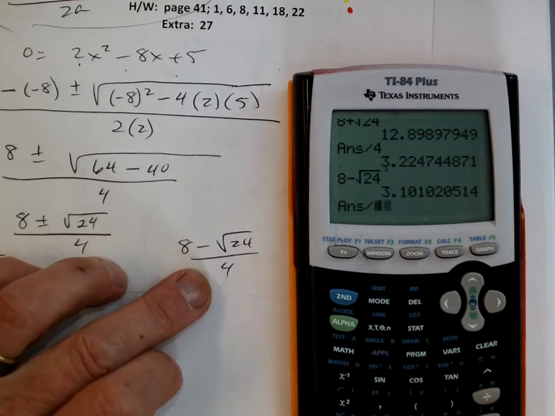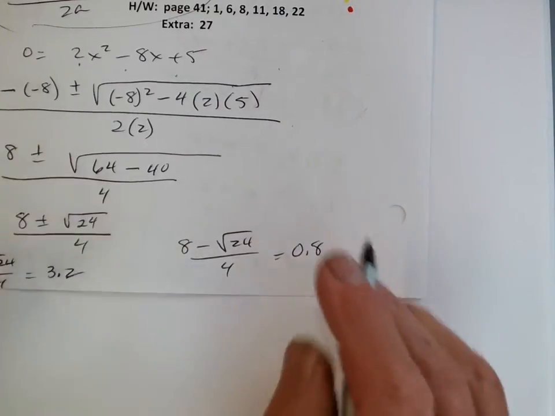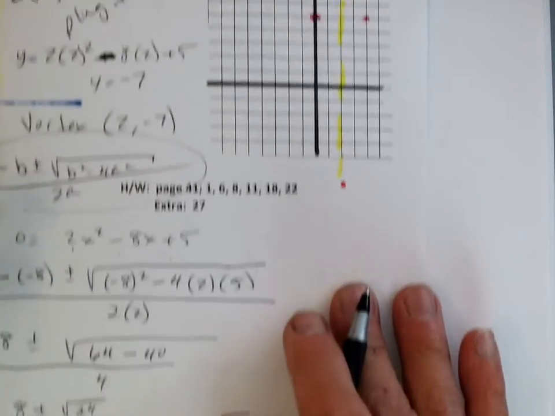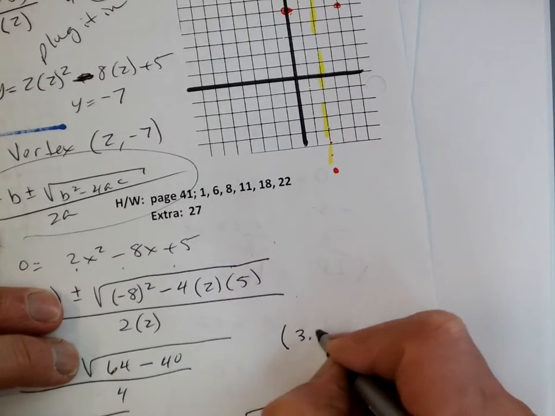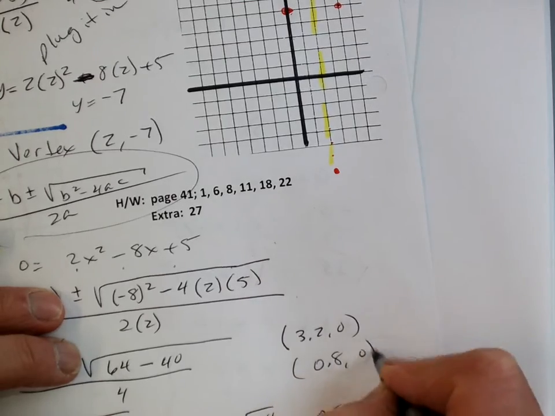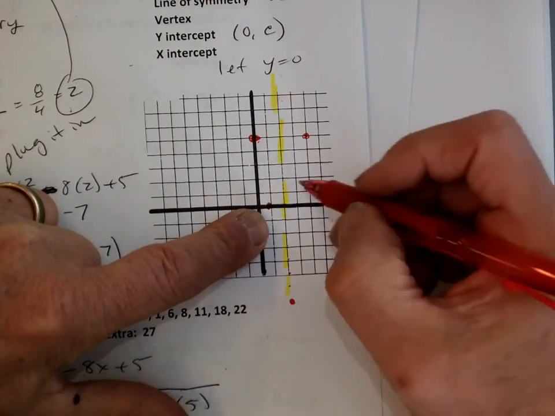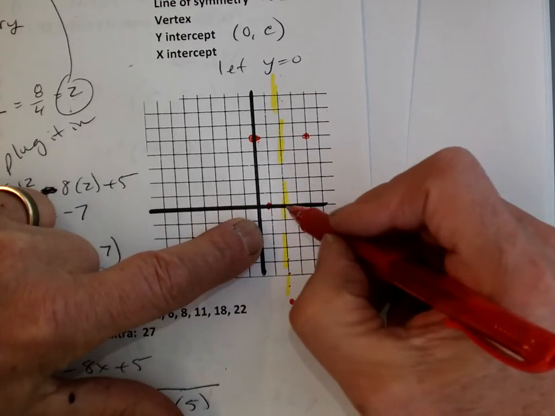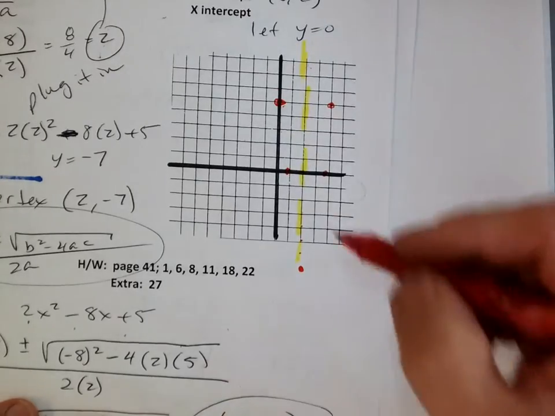Divided by 4, and about 0.8. Okay, so as far as x-intercepts, I can write them as (3.2, 0) and (0.8, 0). Okay, those are my x-intercepts. So estimate right about there, and 1, 2, 3.2 right about there. How's that, Malachi? Looking good. And we got them, right?